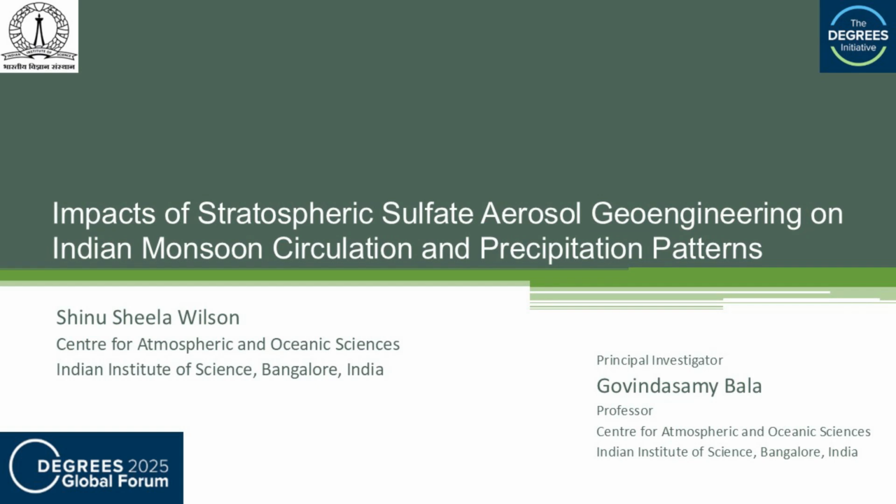For that, three ensemble simulations are done. The first one is the control ensemble, a 20-member ensemble based on the CMIP5 RCP 8.5 scenario for 2010 to 2030. The next one is the baseline scenario, that is RCP 8.5. The three control simulations are extended to 2097 to represent the future RCP 8.5 pathway. And the other one is the SAI ensemble.